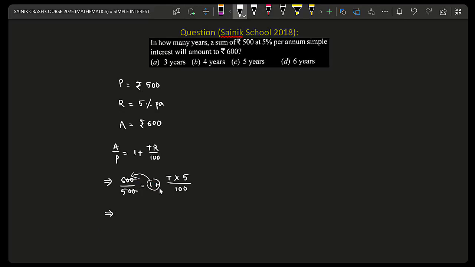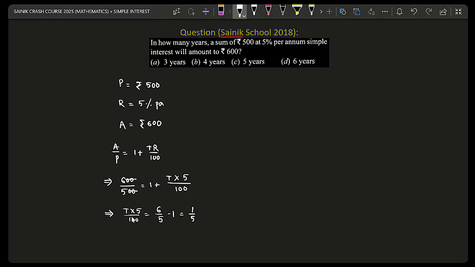Plus 1 becomes minus 1. T into 5 by 100 equals 6 by 5 minus 1. What is 6 by 5 minus 1? It is 1 by 5, because 1 can be written as 5 by 5, and 6 by 5 minus 5 by 5 is 1 by 5.